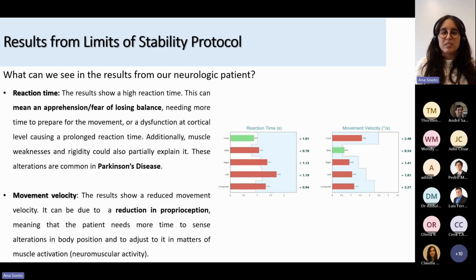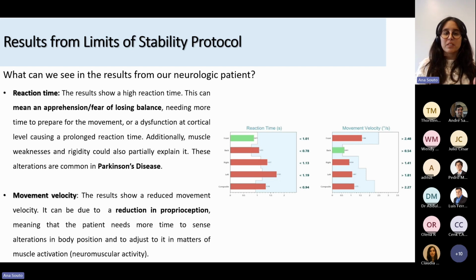But it can also be a motor control impairment, a person that needs more time to make anticipatory adjustments, so needs more time to prepare to initiate the movement. Also changes in cognitive processing, such as attention and focus. Some of these alterations are common in Parkinson's disease.